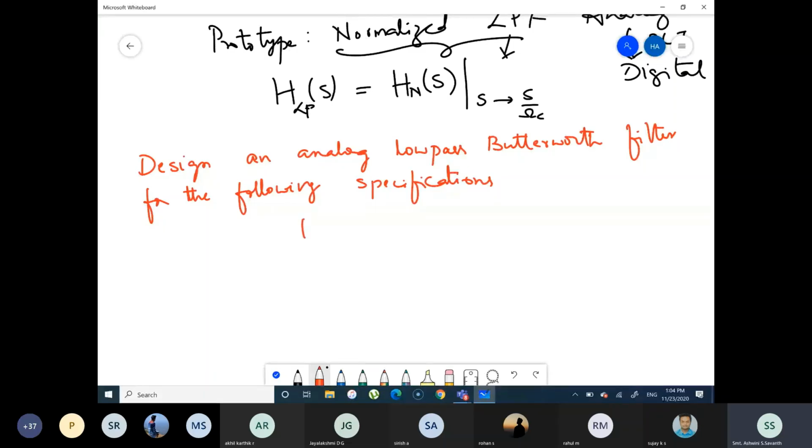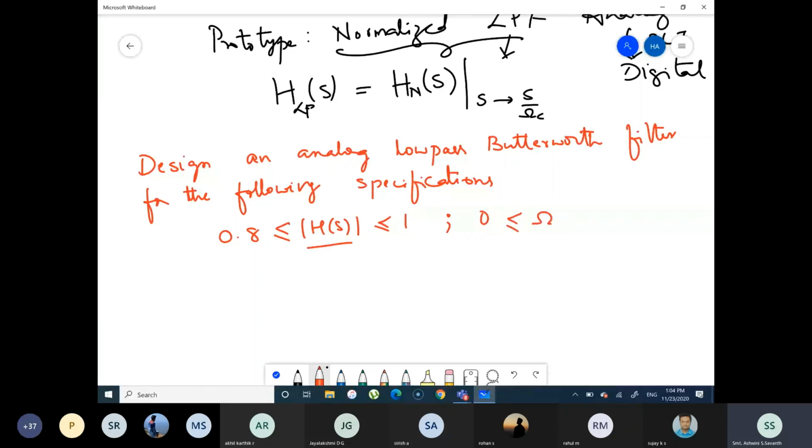So magnitude of H of s is less than or equal to 0.8. So instead of giving H of j omega, they have given it as H of s. It doesn't matter. It's the frequency response that they are talking about. Actually, H of j omega had to be given in this place.